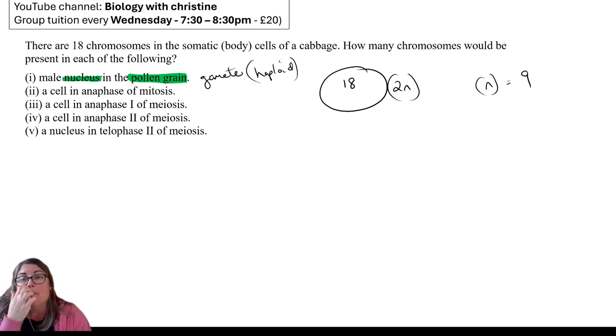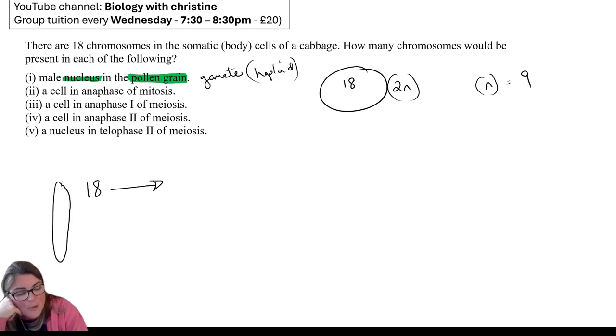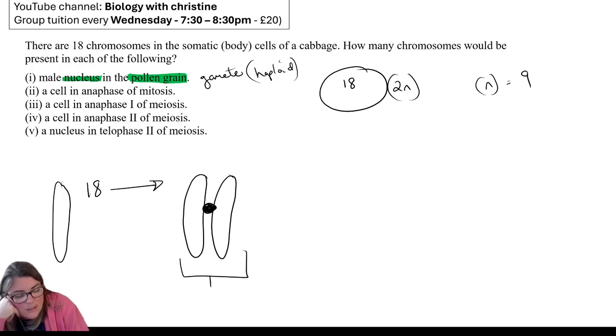Now you're asked about mitosis. So a cell that's in anaphase of mitosis. You should know that if you've got 18 chromosomes, those 18 chromosomes are going to be replicated into sister chromatids in a chromosome.